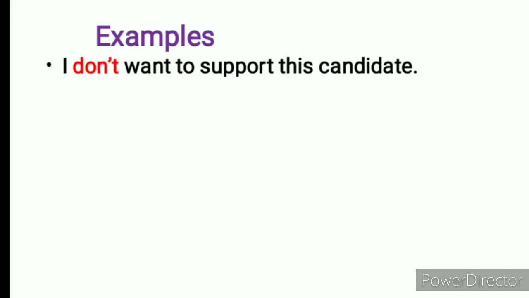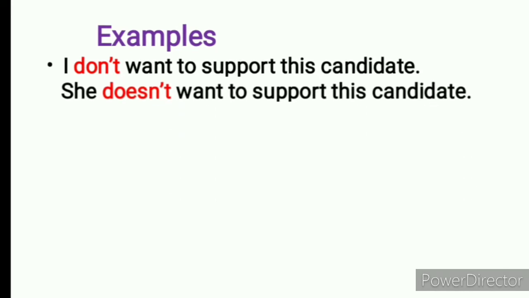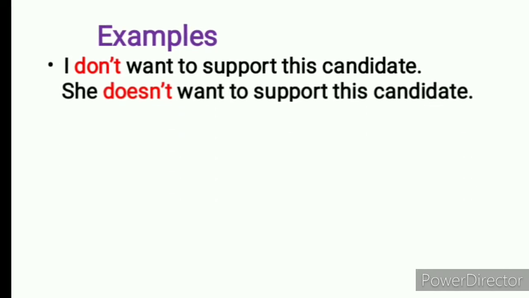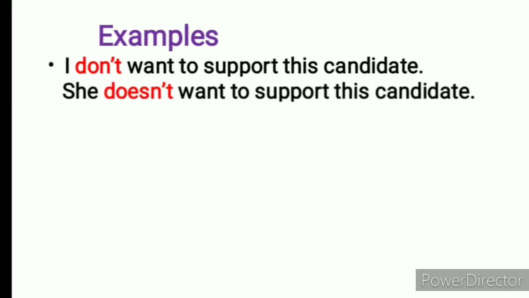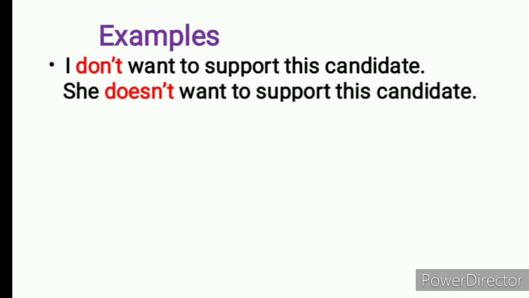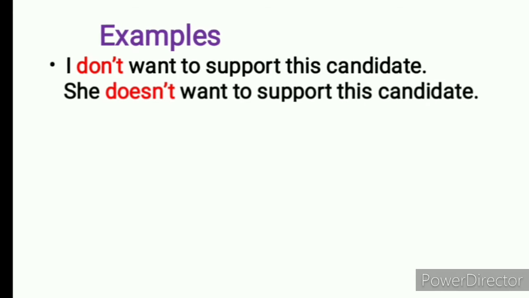Now, let us see the examples of primary auxiliaries. I don't want to support this candidate. She doesn't want to support this candidate. In the first sentence, the subject is first person singular, so don't is used. In the second sentence, the subject is third person and so doesn't has been used.